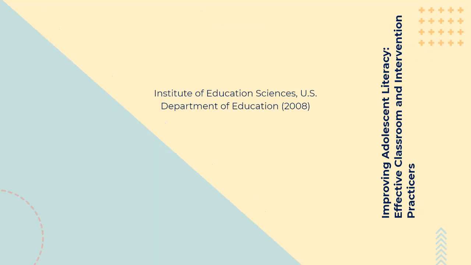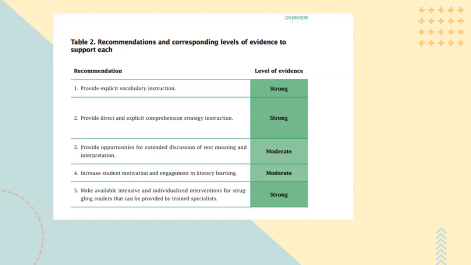This one is from 2008, which I think is indicative of the fact that we really don't have enough information out there, that I'm sharing something more than a decade old. We just don't have enough information for adolescent literacy and how to meet these needs. But in this resource, Improving Adolescent Literacy, there are recommendations for specific things and the level of evidence for those.